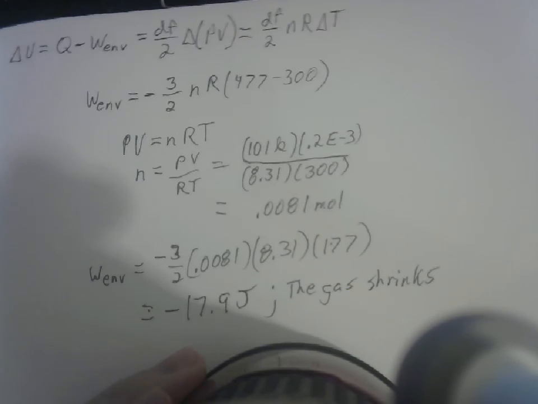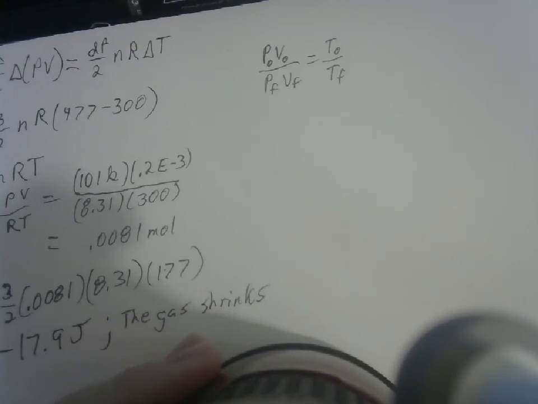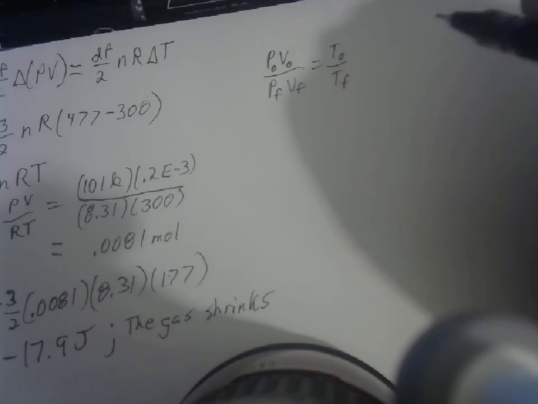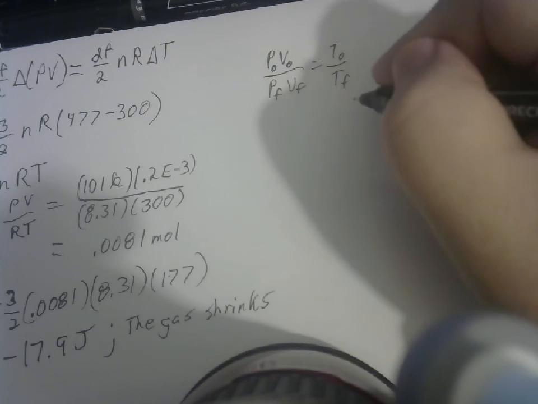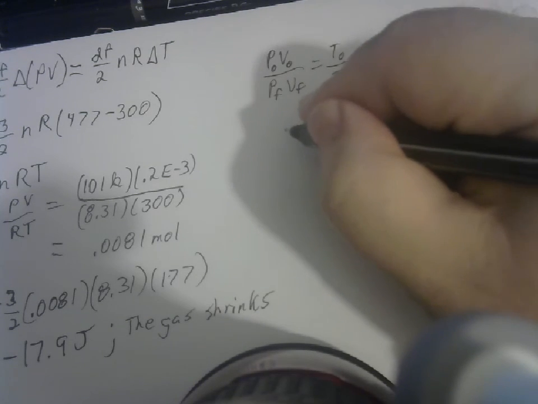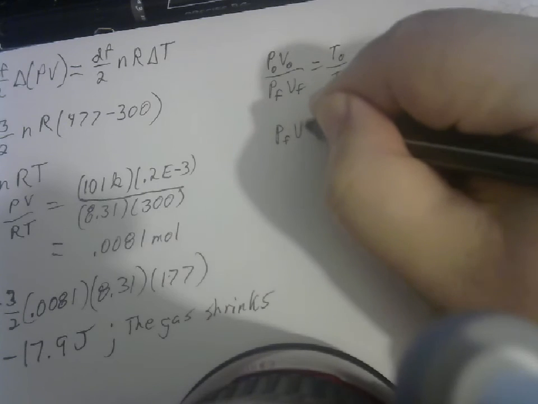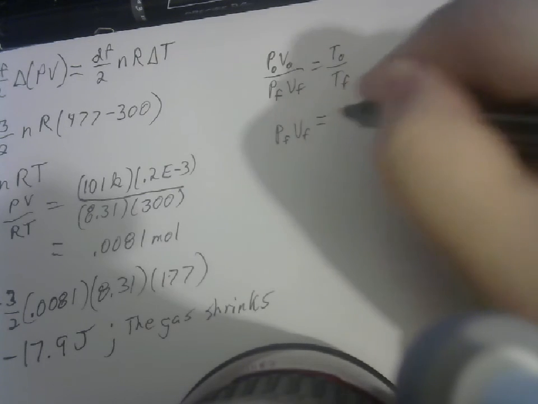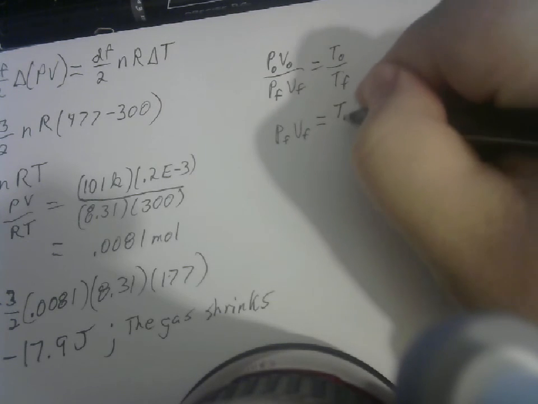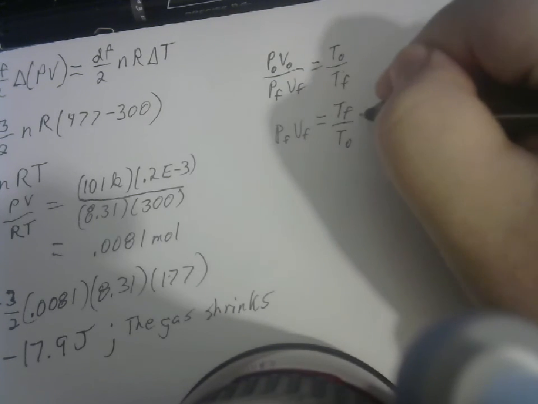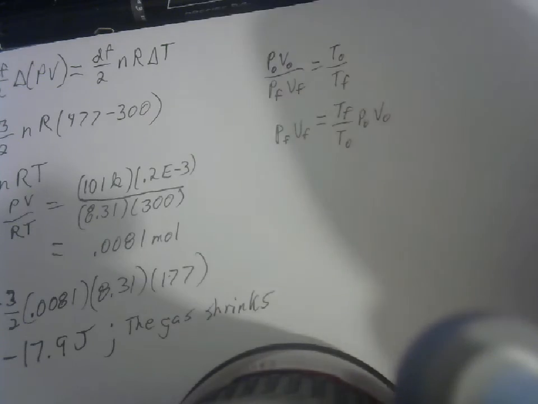Are there other ways of doing this problem? Yeah, probably so. Let's see. We've got the initial pressure and volume and temperature, and both the initial and final temperature. So we should be able to find an expression for P final V final, which is equal to T final over T initial times P naught V naught.